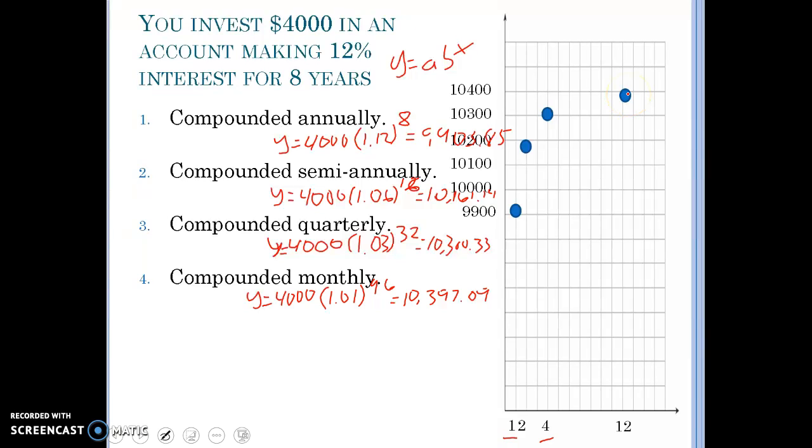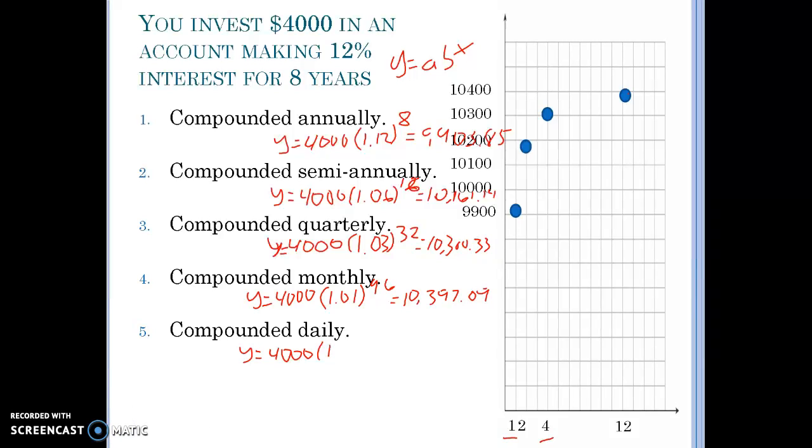So you can kind of tell we're kind of leveling out here as far as how much money this can make. But let's go a few more here. Let's say that we go daily. So if we go daily, again, we're going to have $4,000 at the beginning. We're going to have to multiply by an interest rate where we're going to take 12% divided by 365.